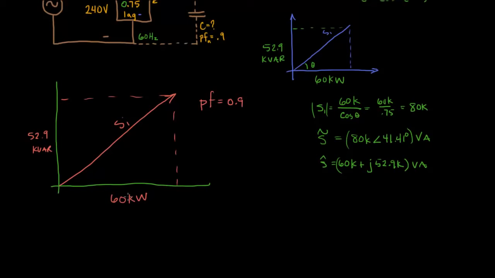So theoretically you could ask for leading, I guess, but I don't know why you'd do that. The inverse cosine of 0.9 will give us theta new, and that angle is 25.84.